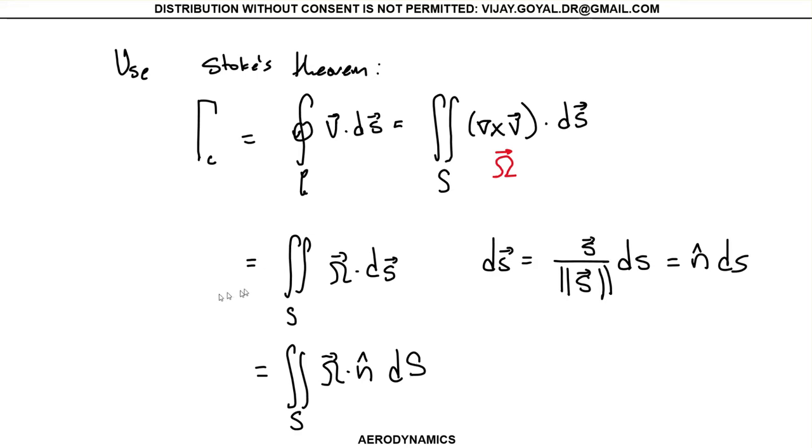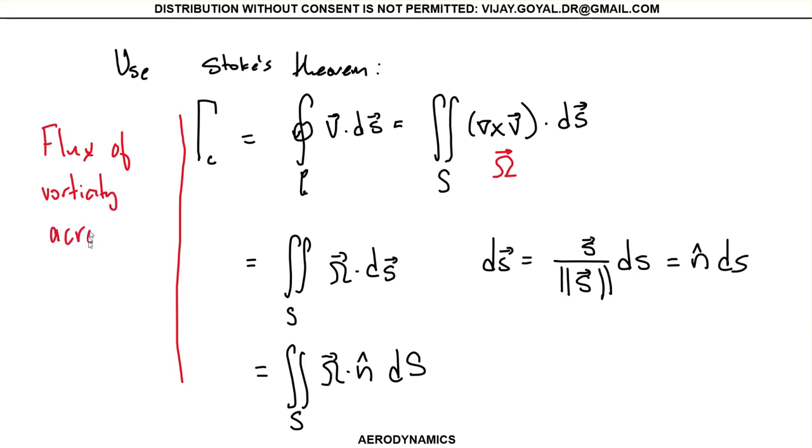So in this sense, using Stokes theorem, we could define vorticity as follows. We could say this is the flux of vorticity across a surface bounded by the loop.